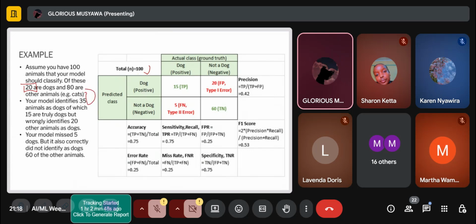So it has classified 15 as dogs, which is good. Your model had 35 animals as dogs, so I have 15 plus 5 plus 20. But it wrongly identifies 20 other animals as dogs.